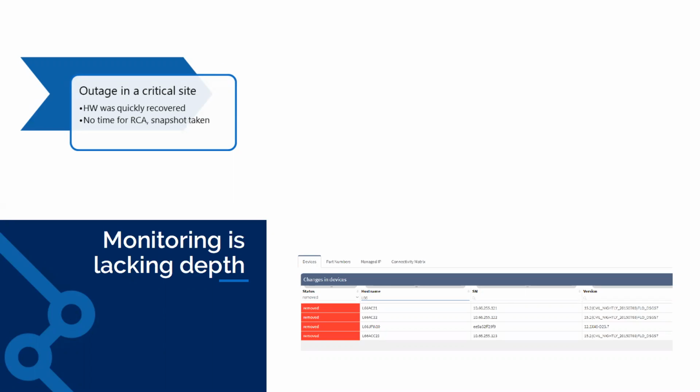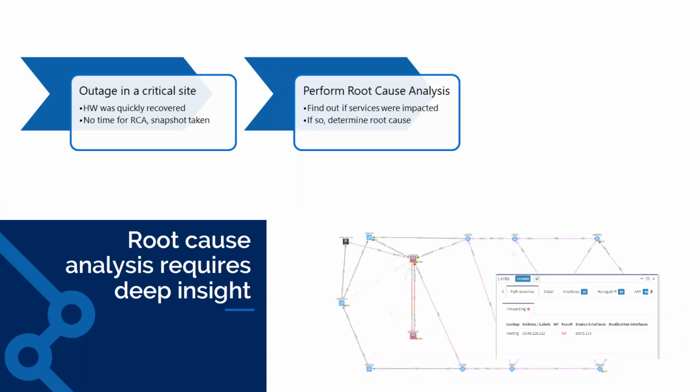Monitoring systems can tell you if a device is running or not running, but they cannot tell you in-depth information about the service, about the network state that's needed by network engineers. So what we need to do is to perform a root cause analysis of what has actually happened.